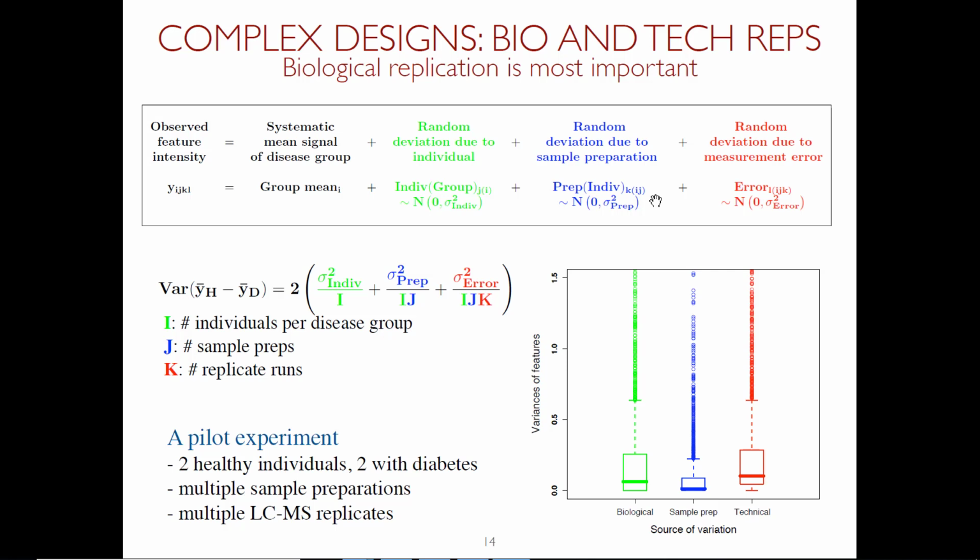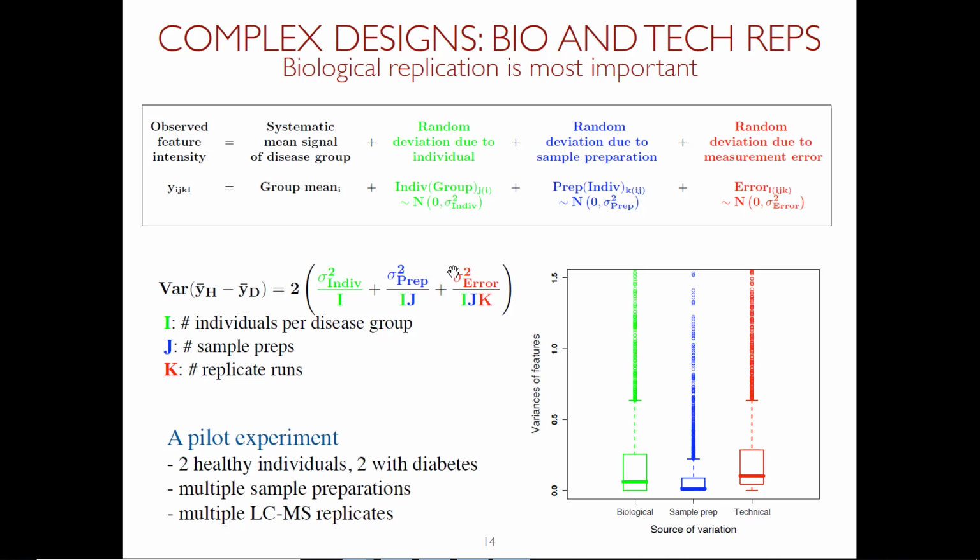As your technique varies, like DDA versus DIA, or a different experimental design, these random errors or variance components will also increase or decrease. How would you exactly know that this step has variation, this one has variation, and this one has variation?